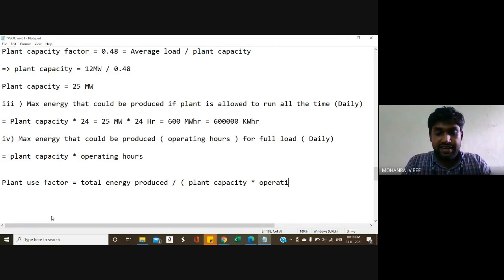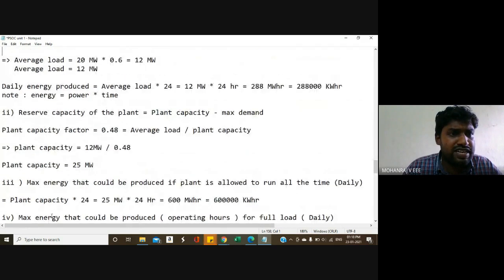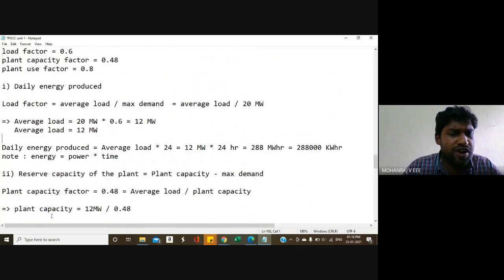Okay. Now we know the plant use factor. What is the value of plant use factor? As given in the question, it is 0.8.